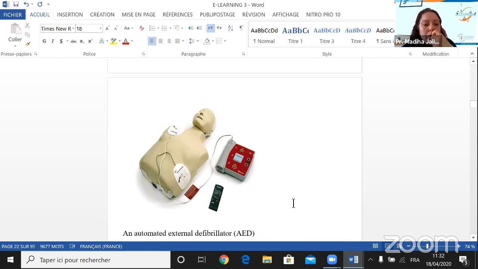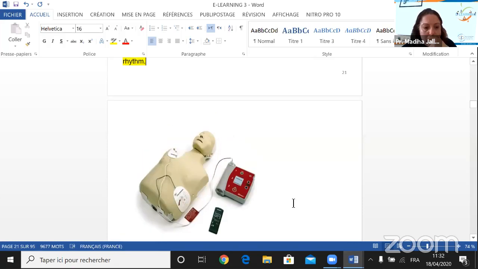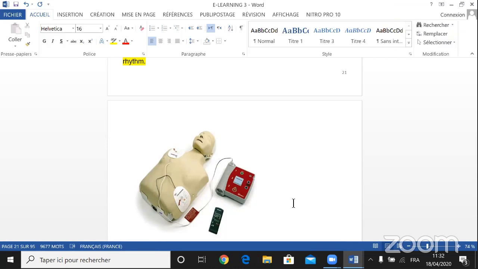This device. What is this device? Do you know this device? Are you familiar with this device? This device restores the heart's rhythm. It is called a defibrillator. Good, excellent.